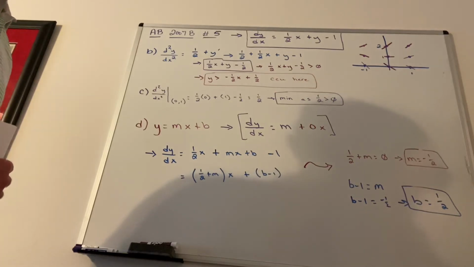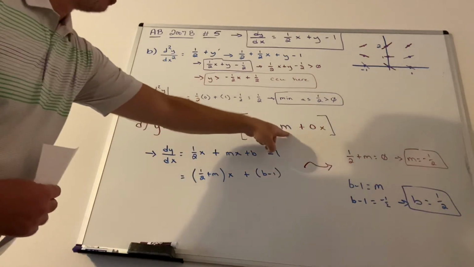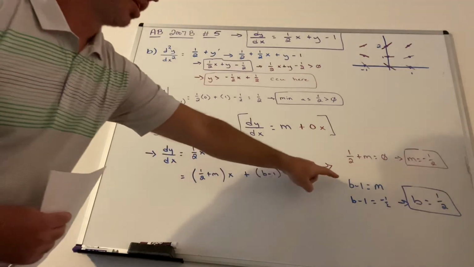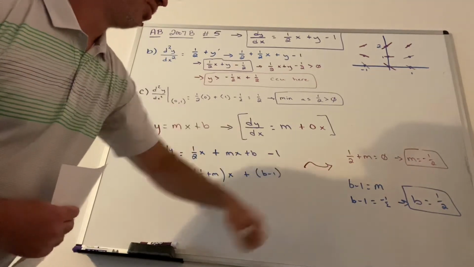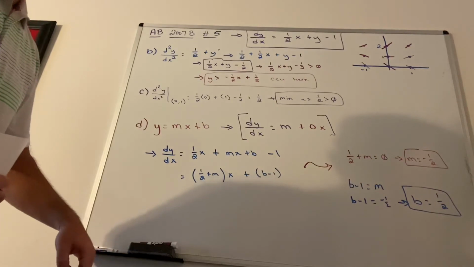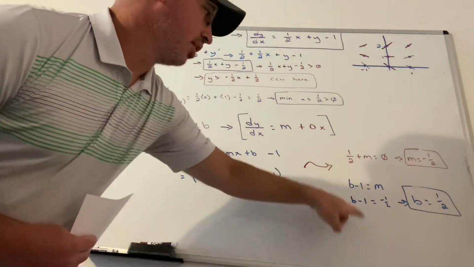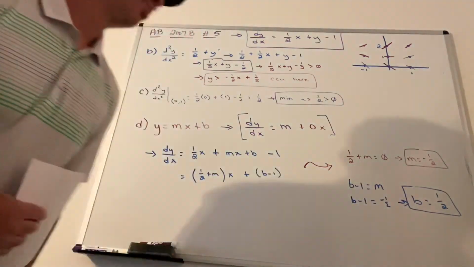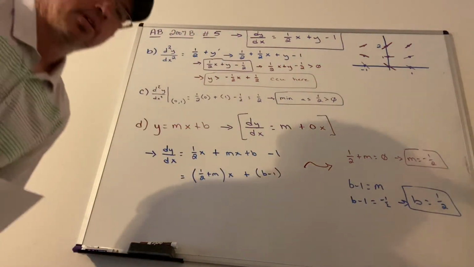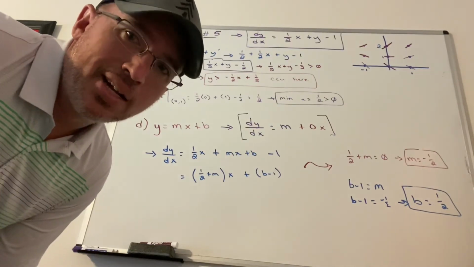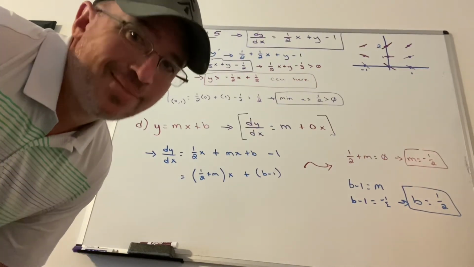Then the stuff without x's, that doesn't have an x next to it, and that doesn't either, so those have to be equal. We already know that m is negative 1/2, so that's there. Then add your 1, and that puts you to b equals 1/2. Now that part was only worth 2 points. So add a 9. If you missed that completely, not that big a deal.